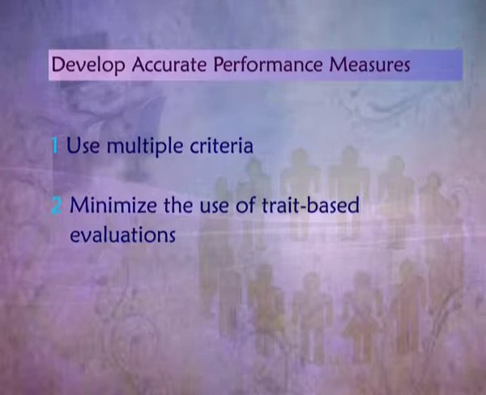Minimize the use of trait-based evaluations. Our next method of overcoming problems within the appraisal process is to minimize the evaluation of individual traits. Trait-based evaluations tend to be more subjective than behavior or results-based evaluations, and as a result should generally not be used unless there is a specific reason why the particular trait must be exhibited in order to be successful in a job.